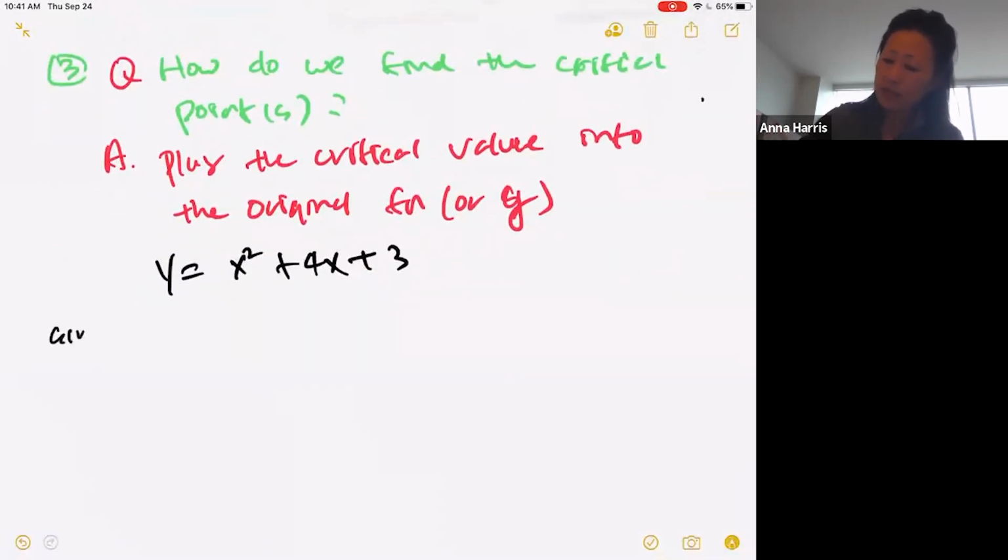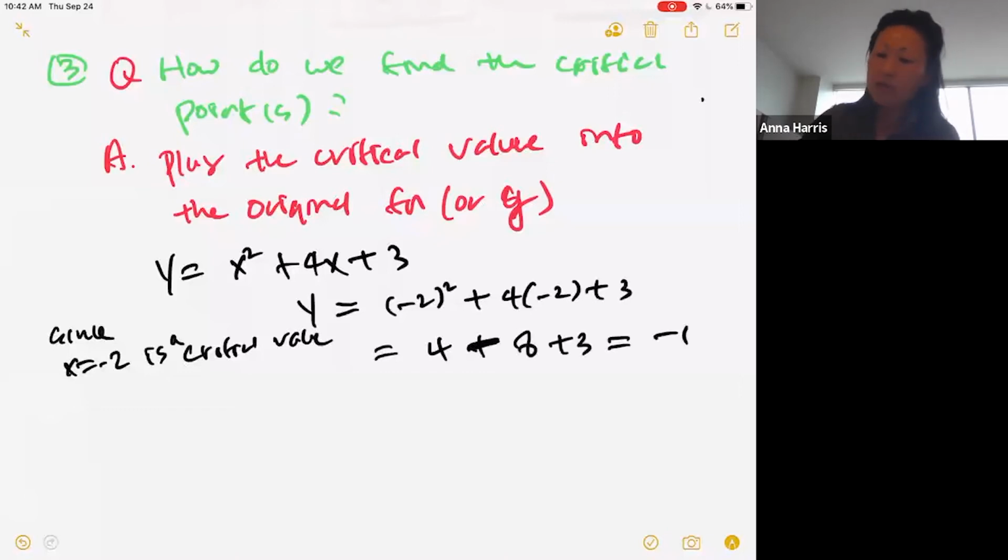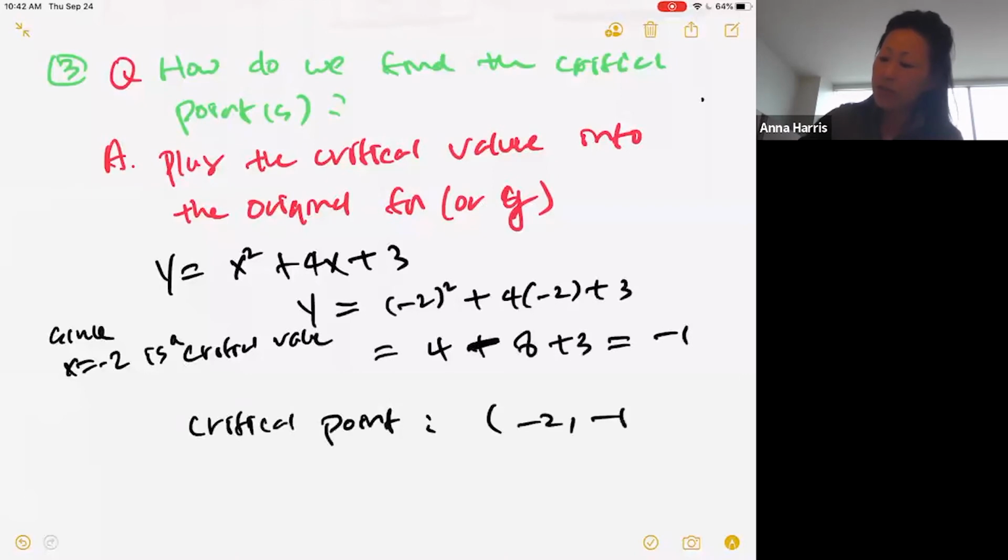Since x equal to -2 is the critical value, I can put that in: y is equal to (-2) squared plus 4 times -2 plus 3, which gives me -1. So now I got the critical point, which is equal to (-2, -1).